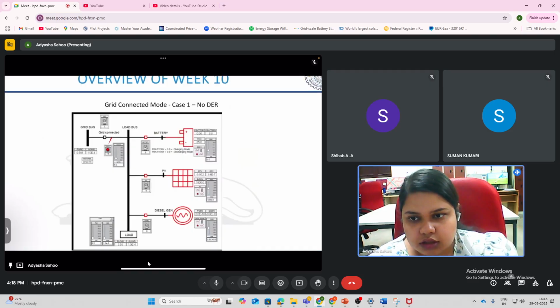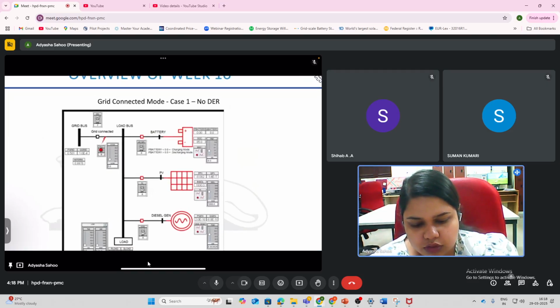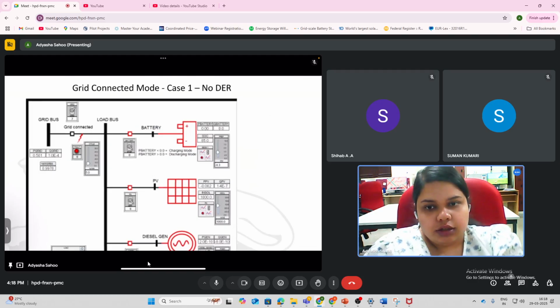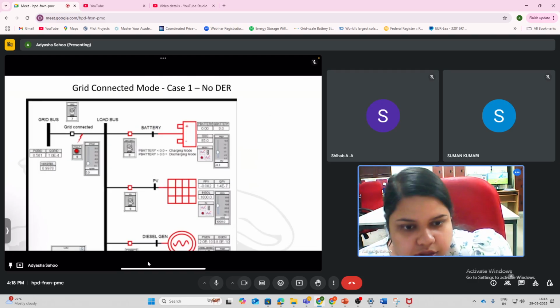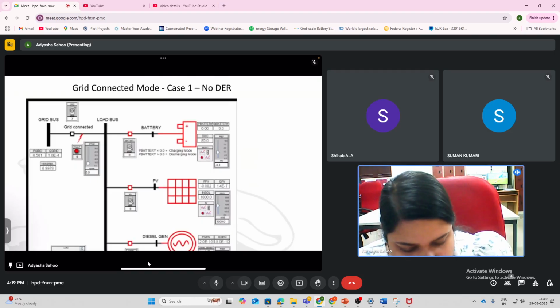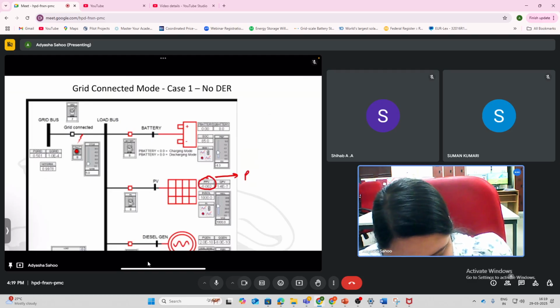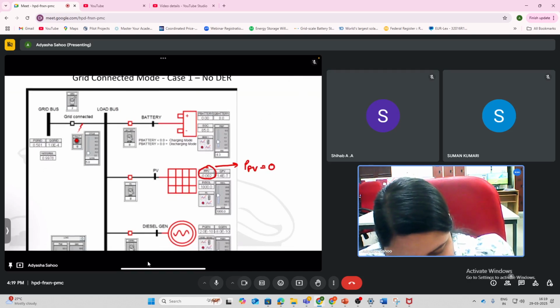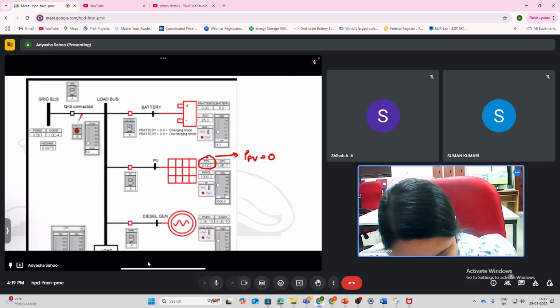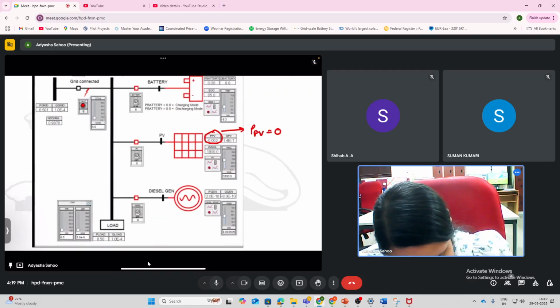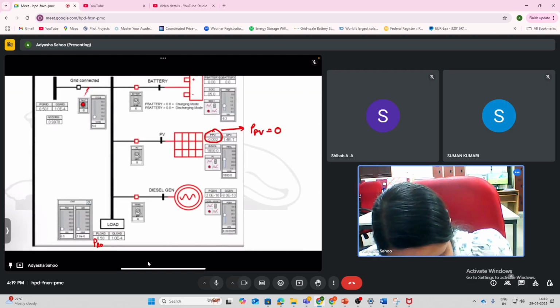The first case is a grid connected mode with no distributed energy resources, meaning you have no PV here. You see this is the PPV, which is 0. The P load is 0.5 megawatt.